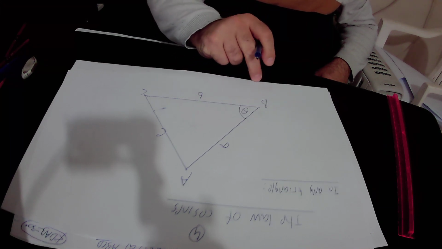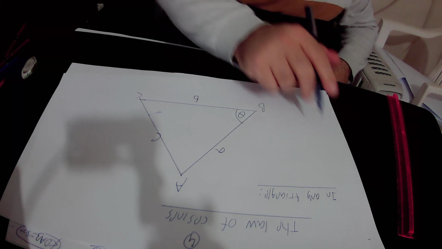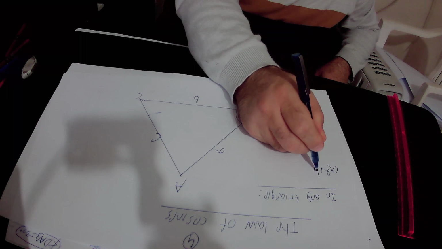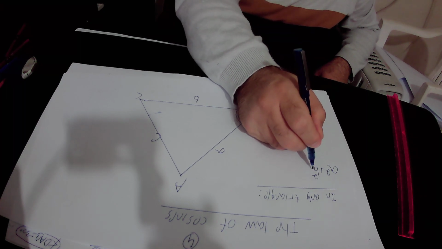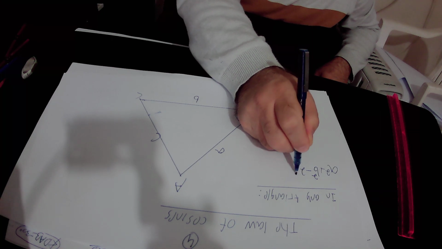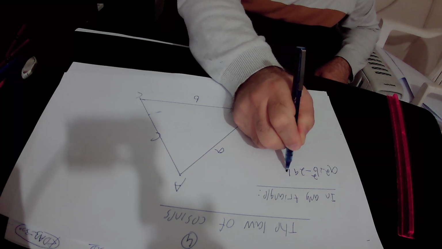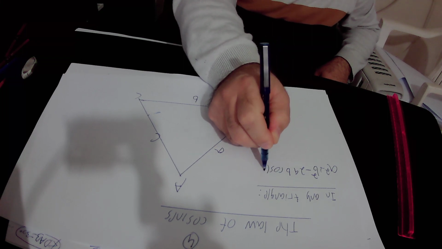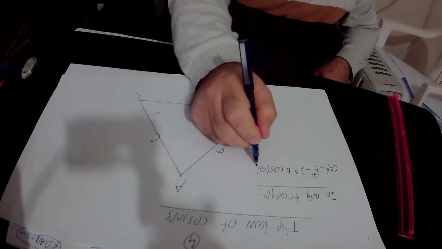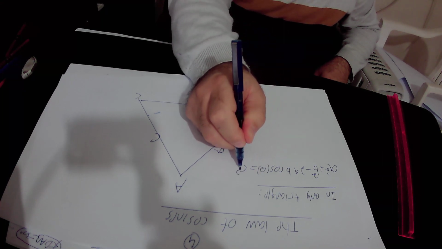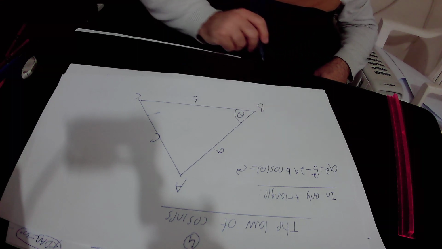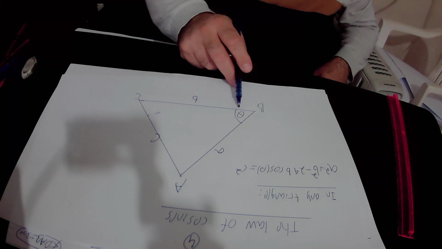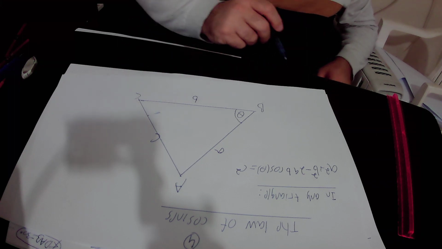Then, according to the law of cosines, A square plus B square minus 2 times A times B times cosine theta equals C square. Again, A square plus B square minus 2 times A times B times cosine theta equals C square.